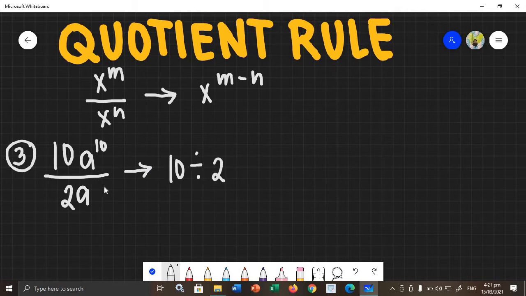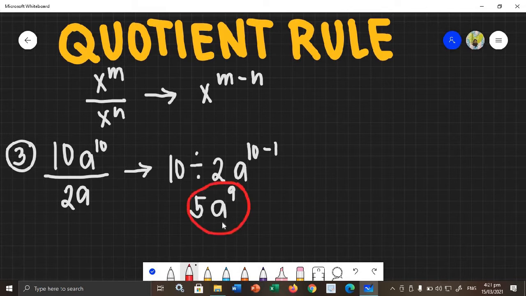And if you notice our variables, they have the same variables, so same bases. So what you will do is copy the variable and then subtract their exponents. So 10 minus, there is no exponent, so that will be equal to 1. 10 divided by 2 is equal to 5. a raised to 10 minus 1 is equal to 9. So the answer is 5a raised to the 9th power.